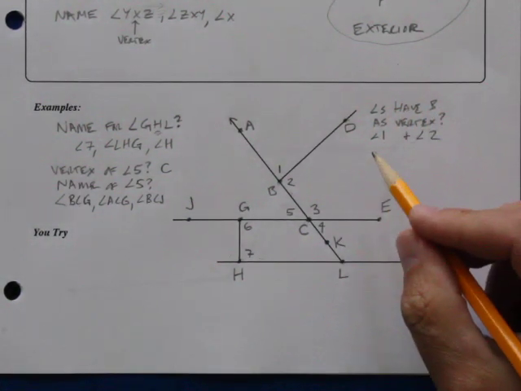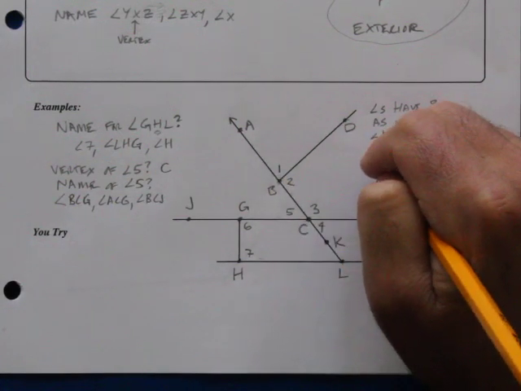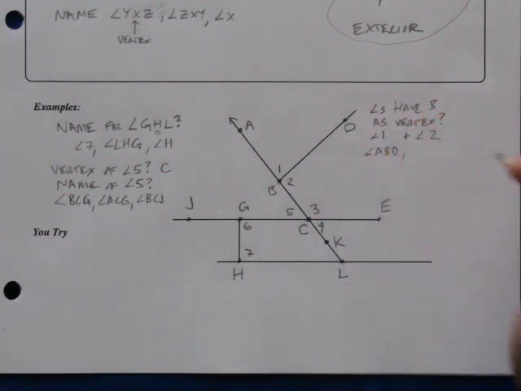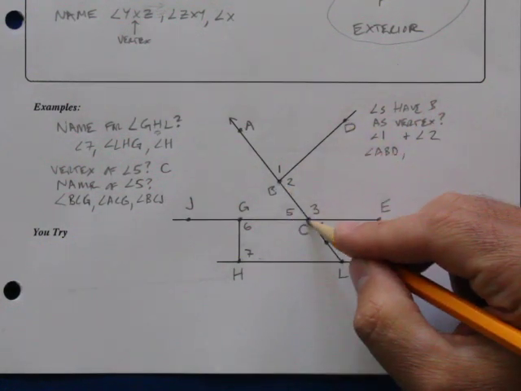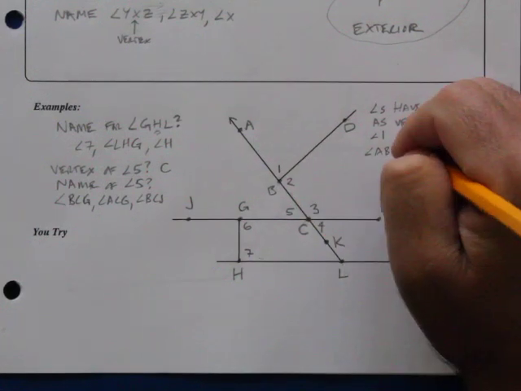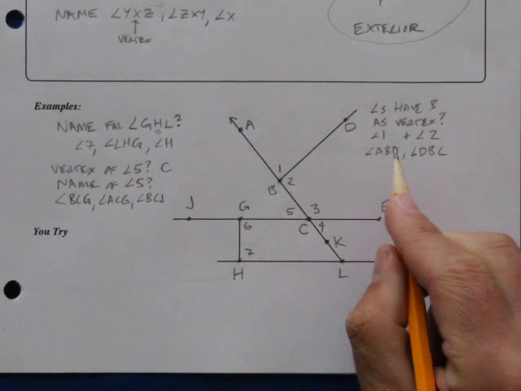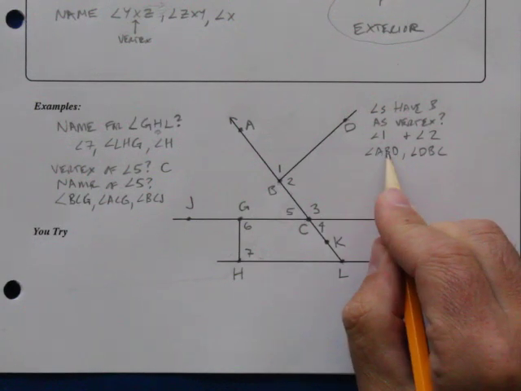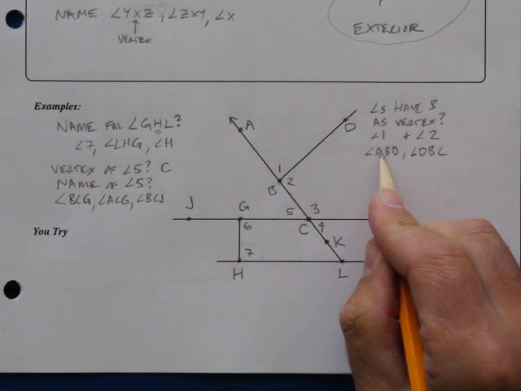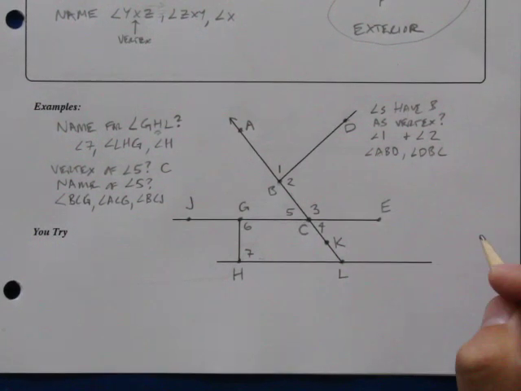We could also call these ABD, angle ABD, or DBC. DBC could also be DBA or CBD, as long as B is in the middle and you've got the sides on either side, you're okay.